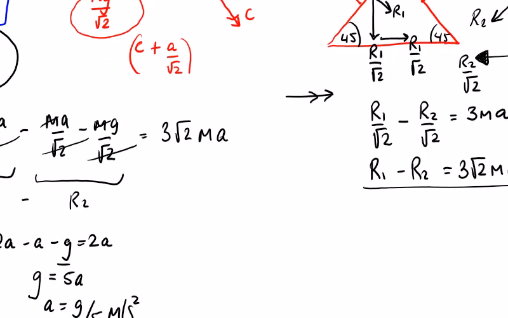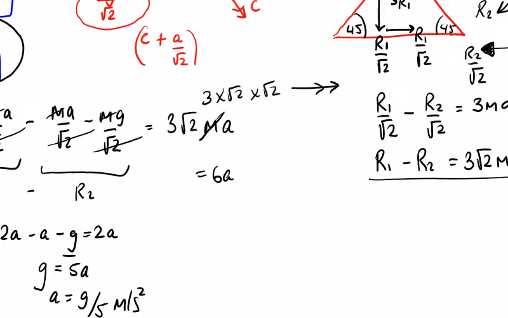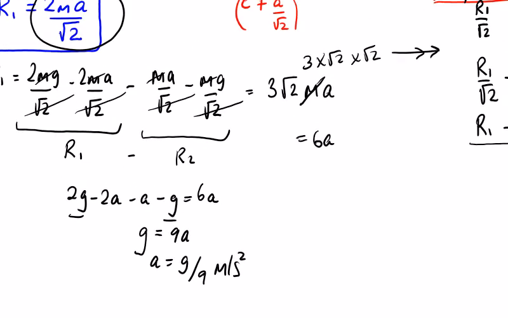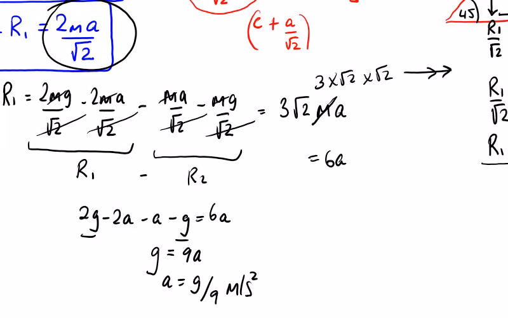And if we multiply by root 2 and divide by m, that's going to become 3 by root 2 by root 2, which is equal to 3 by 2, 6a on the right hand side. So not 2a, that should be a 6a. So 6a plus 3a is 9a. So a is equal to g over 9. So just be careful there. There's too much going on here in this video.